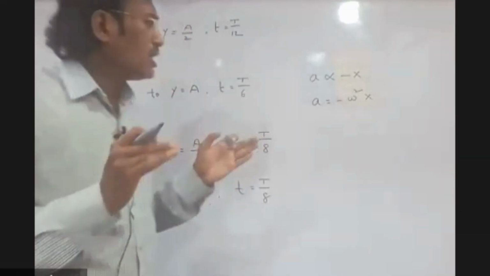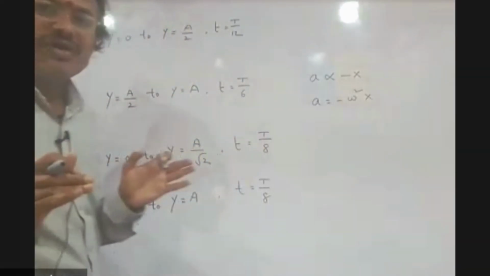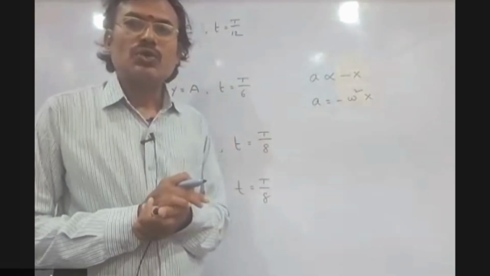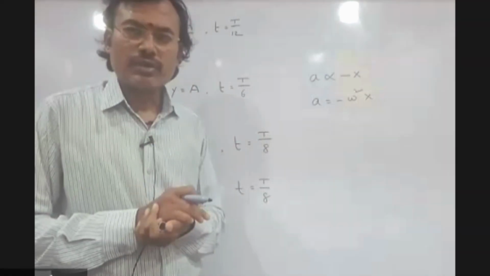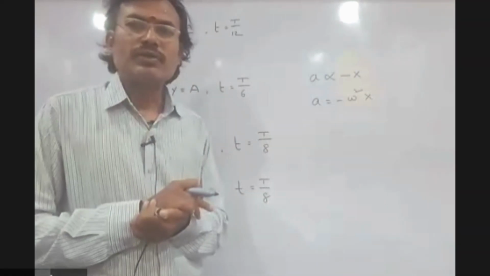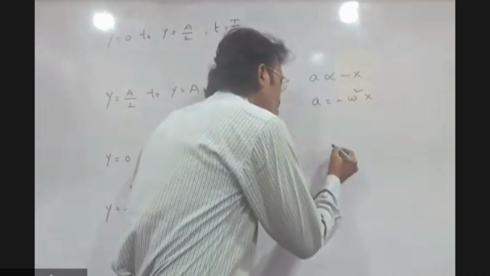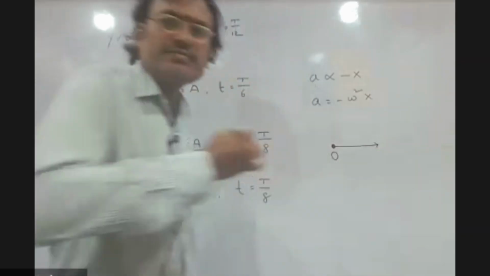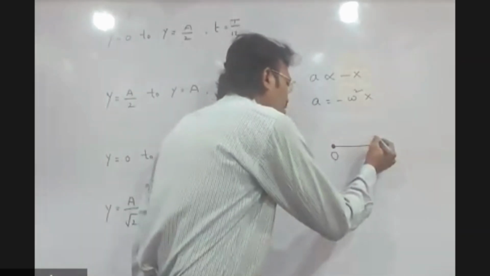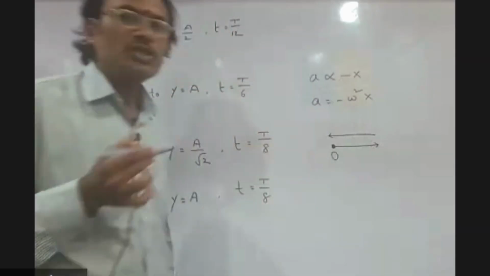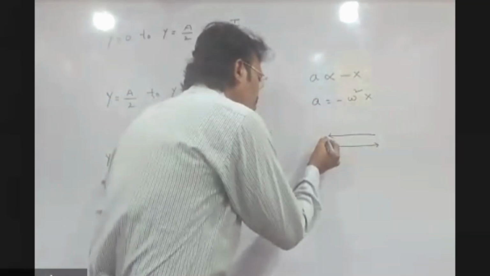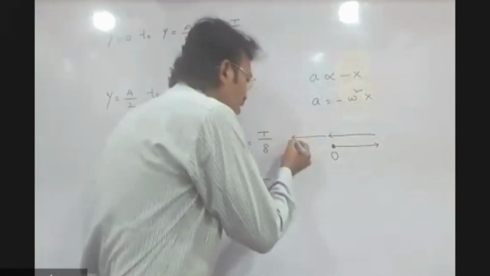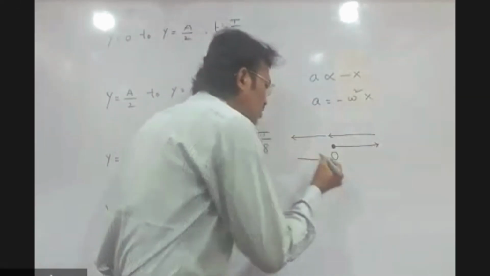So when a particle is in simple harmonic motion, it has to travel in a periodic motion. What is the meaning of periodic motion? For example, this is the mean position. From mean position to extreme position, and again from extreme position back to the mean position, and again from mean position to the other end of the extreme position, and from the other end of the extreme position travelling towards the mean position.